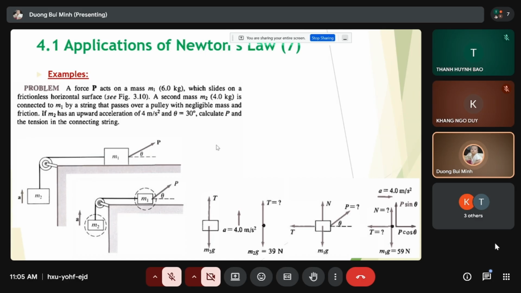So here you can get Bx and here is By. We can get Bx is B cosine 30 degrees, and By is B sine 30 degrees.